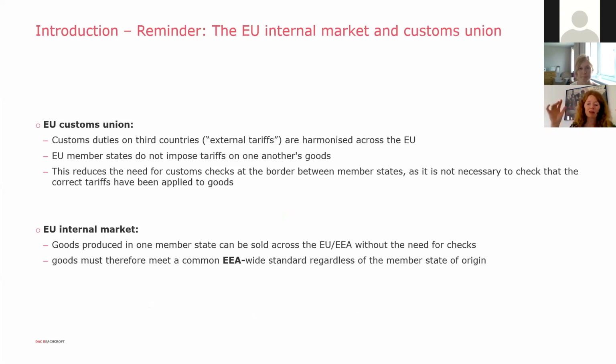And so that means that the EU member states do not impose tariffs on each other's goods, but they do impose an external tariff on the external borders of the EU to any other good that enters the EU. And that internally reduces the need for customs checks, obviously, because once a good has entered, whether it's entered Italy or France, and it's then in that customs union, because there are no tariffs, there are no customs checks internally, that's where the good can then easily flow internally.